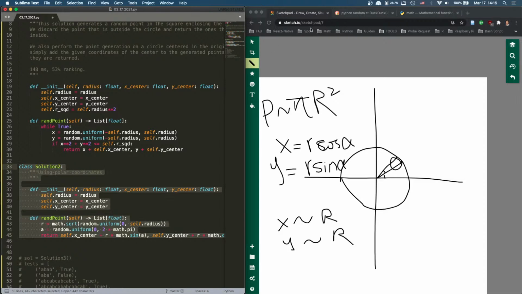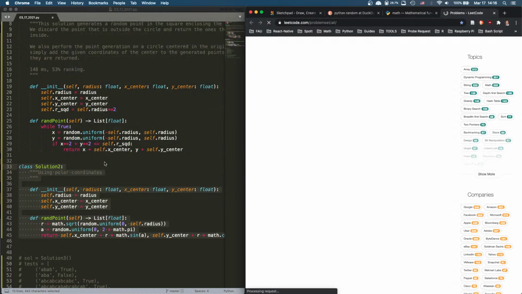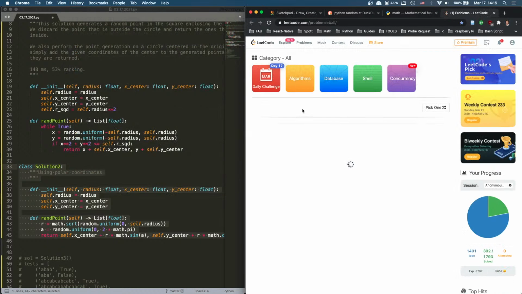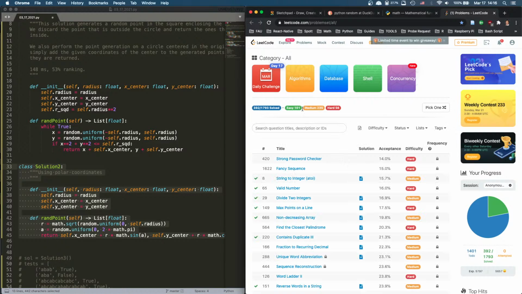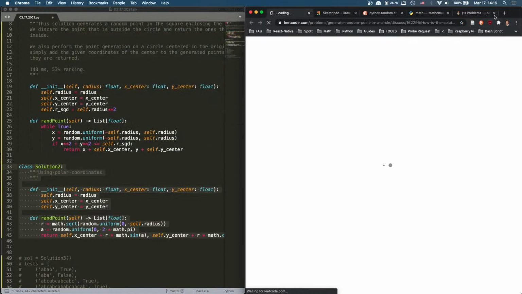Oh, did I close it? Man, I closed it while I haven't even finished. Oh, where's the problem? Problem is here. Oh, it's not a 1. Come on. Let's come here.